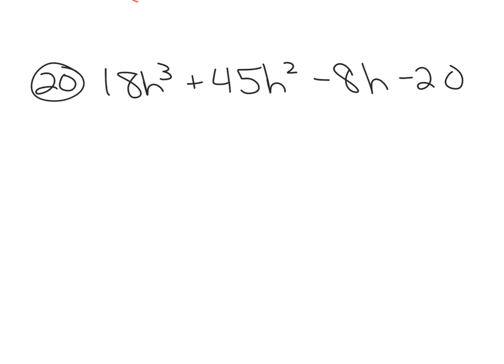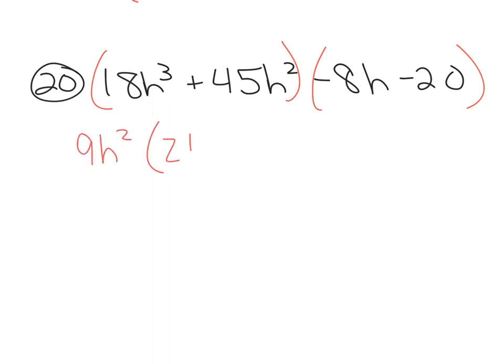Okay, number 20. Again, we're looking for a GCF. There's not a GCF in all parts here, so I'm going to go straight to my grouping. Again, keep the negative with the 8. All right, let's pull out a GCF of 9 and h squared.